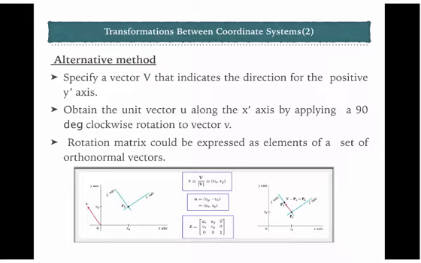Small v equals capital V divided by modulus of V, which is vx, vy. Small u is the unit vector in the direction of the x dash axis, which is perpendicular to the y dash axis, and can be given by vy, minus vx, which is also equivalent to ux, uy.